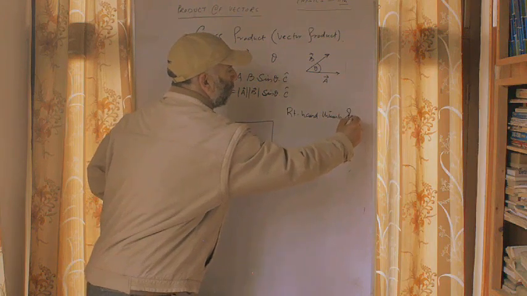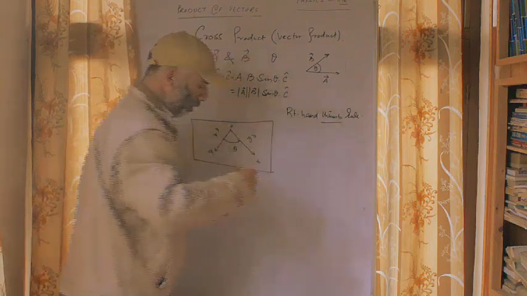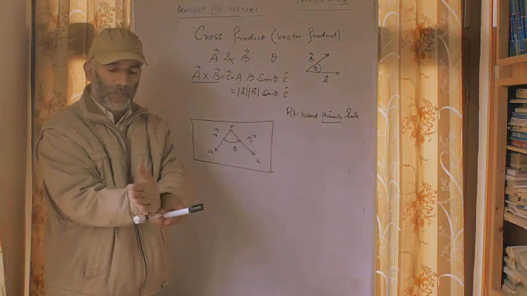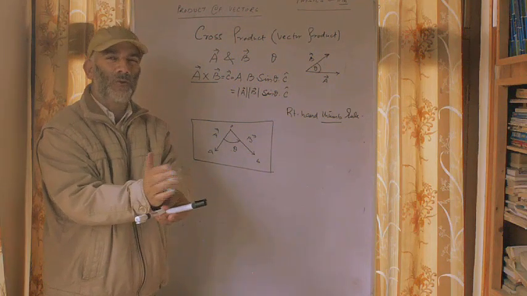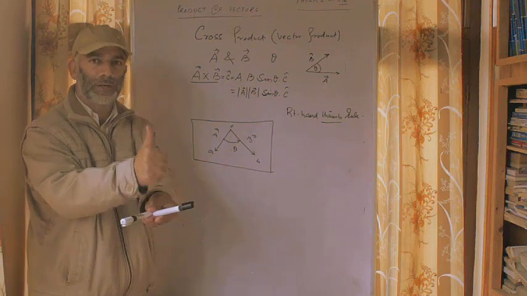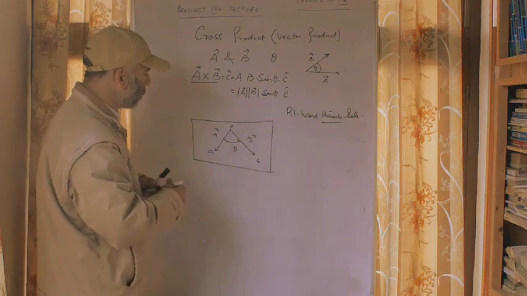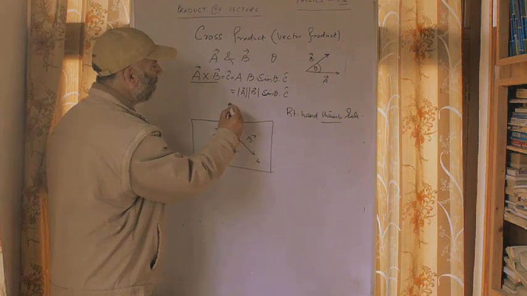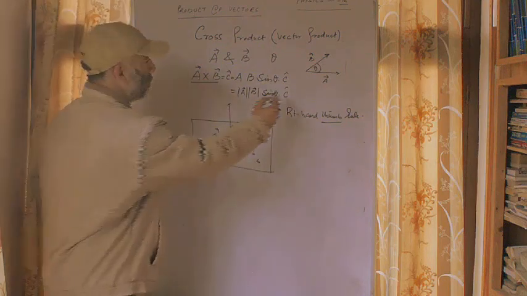According to this rule, if the curvature of the fingers gives the sense of rotation of the two vectors, then thumb gives the direction. So according to this rule, if we are multiplying A with B, then the third vector will be like this. This is unit vector C.